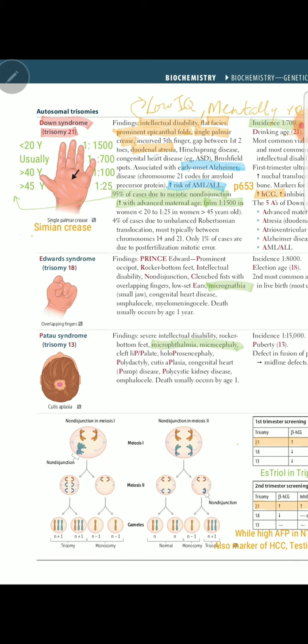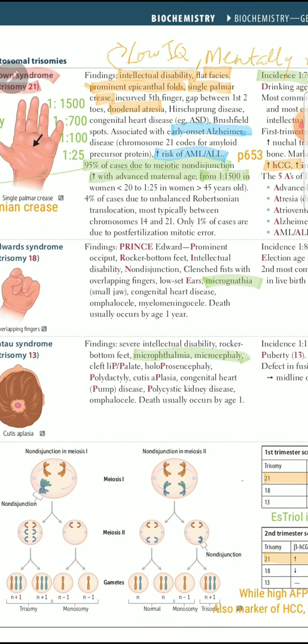Then duodenal atresia, a GIT symptom, this is asked. Hirschsprung disease, this is asked, again a GIT disorder. And disorders associated with the cardiovascular system, congenital heart disorder, for example ASD. And in eyes there are Brushfield spots seen. Down syndrome is associated with early onset Alzheimer in the 40s.